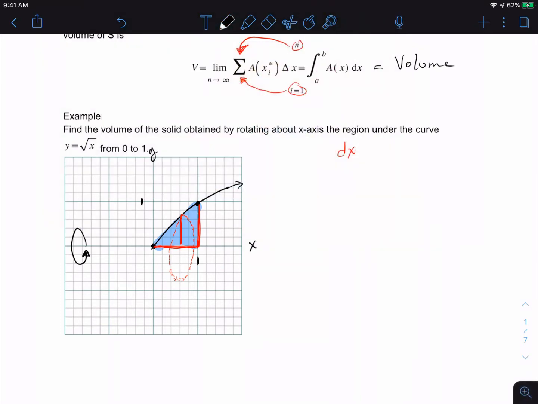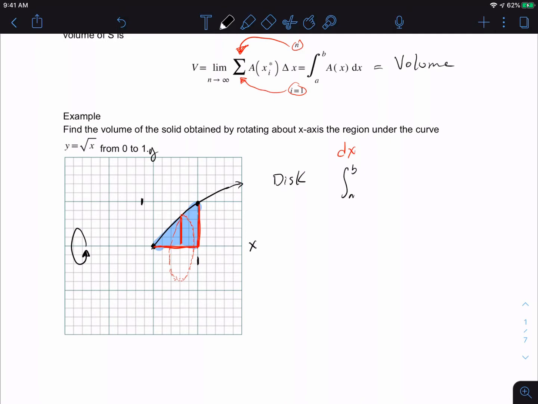So here's the formula for the disk method that's important. The disk method is the integral from a to b of f of x, that quantity squared dx. But since we're looking for the area of a circle, what is the area of a circle, my friends?